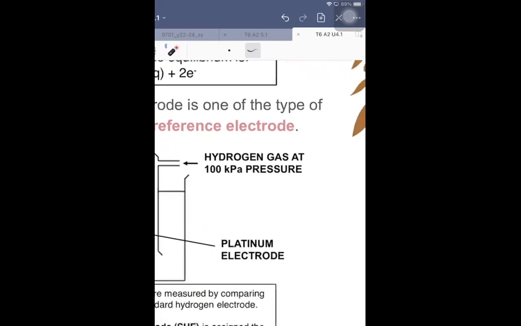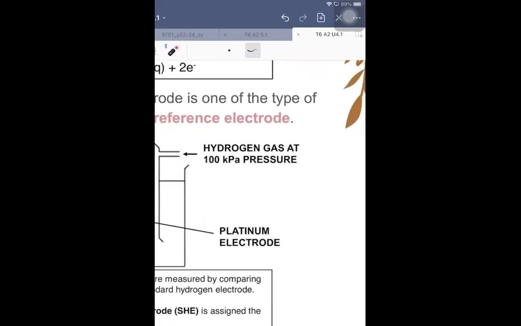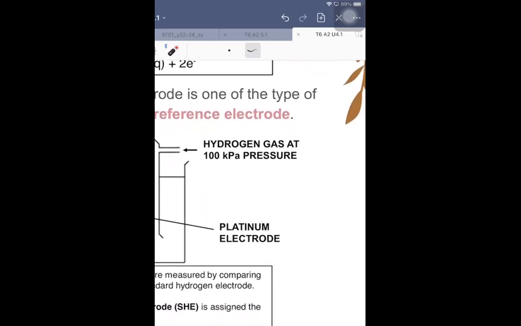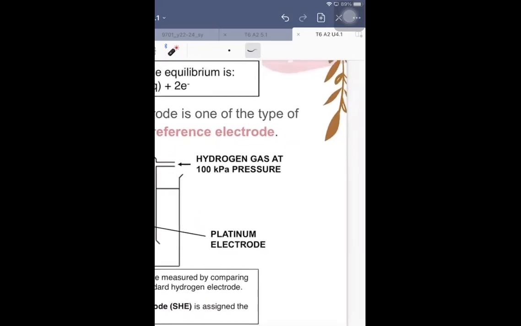The standard hydrogen electrode is one of the types of half cell that can be used as a reference electrode. So you need to understand what makes up the standard hydrogen electrode. First things first, we need hydrogen gas, which will be supplied, as I said, through this inlet. You need hydrogen ions, which are in aqueous solution.